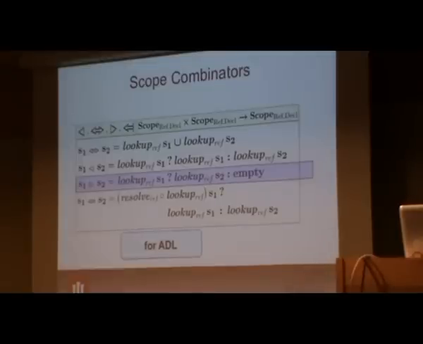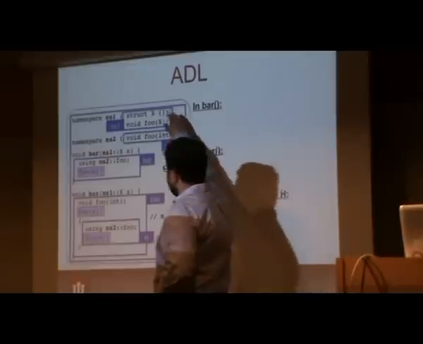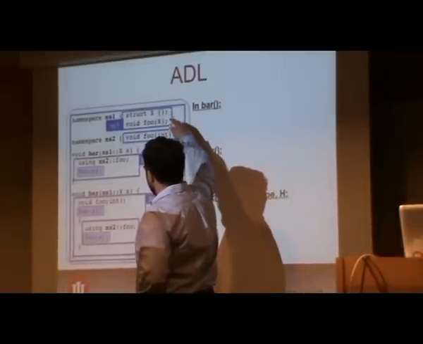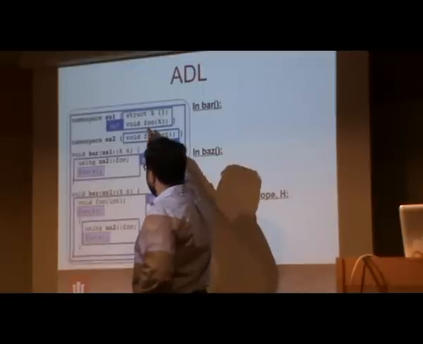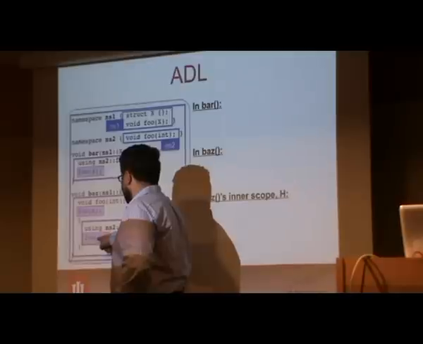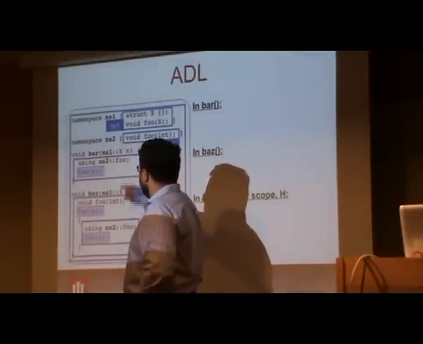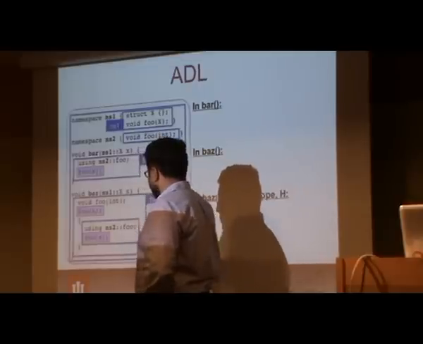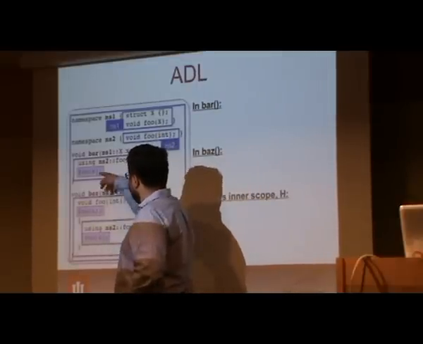So now I gave you some overview of what we have, and I will show you a couple of examples. ADL, argument-dependent lookup. Basically, we have two namespaces here. We have a bunch of declarations of foo. We have a struct x in namespace 1, and then we have a definition of foo for that x. When we call foo of x here, where x is of this type from that namespace, we perform argument-dependent lookup, and here as well.